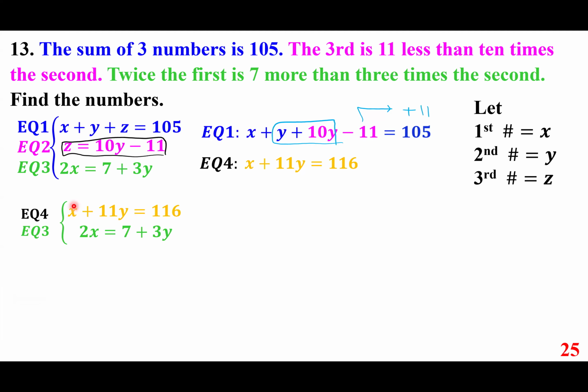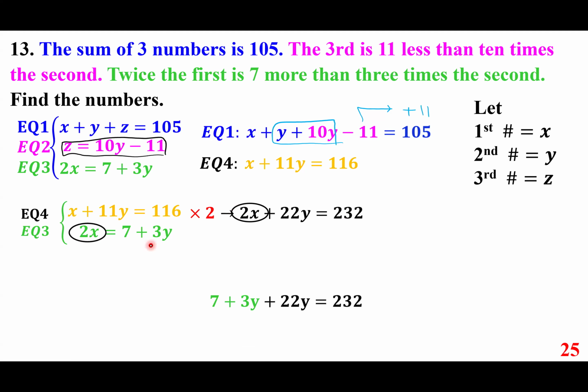So I'm going to multiply this one by 2, and it becomes 2x plus 22y equals 232, right? So 2x is 7 plus 3y. Remember, when you're solving, as long as you are consistent, any method you choose will do the job, and that's fine.